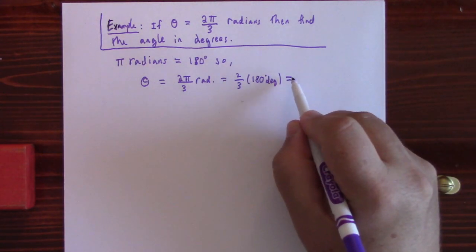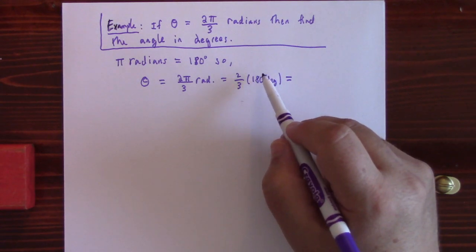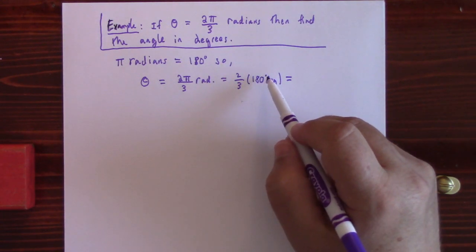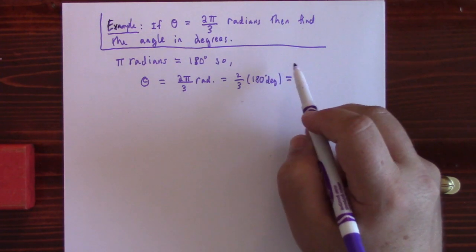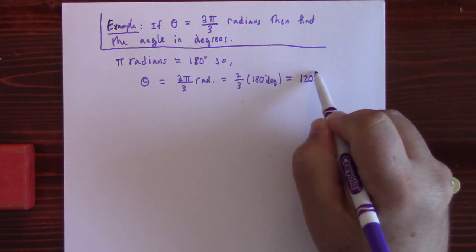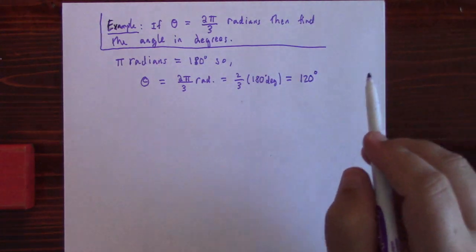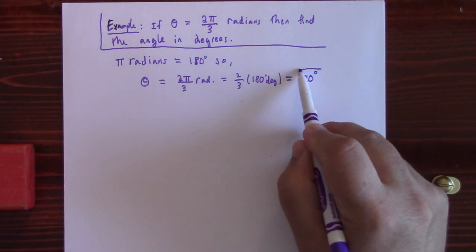And so that is 2 times 180 over 3. I probably should have got my calculator. 360 over 3, I think that's 120 degrees. Yeah, that makes sense. So 120 degrees it is.